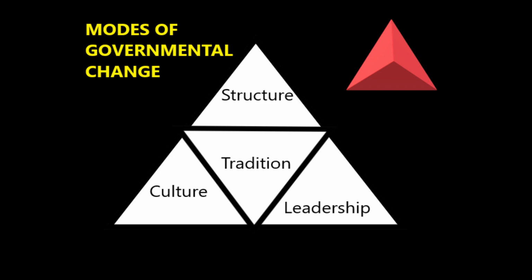So, structural modes of governmental change focus very much on creating governmental models that accommodate various different situations, and therefore focus very much on flexibility, perhaps on the idea of not having a monoculture, on the idea of trying to find good leaders in a society, how to establish a political structure that leads to good leaders coming to the top and leads to bad leaders being weeded out.